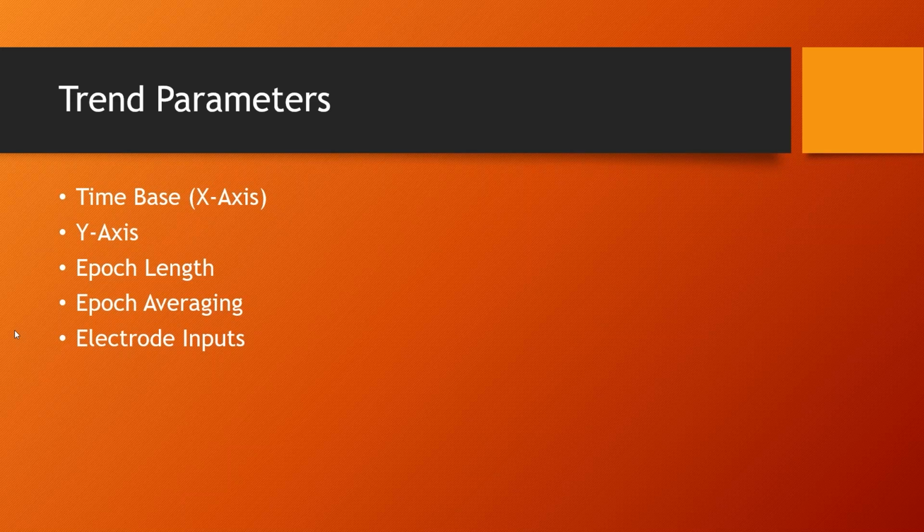All right. So if we look at different trend parameters, I'm just going to identify rather quickly how and why we might want to adjust some of our trend parameters. Most of them have pretty good defaults out of the box, but from time to time we may find that we are dealing with a patient whose abnormalities we want to bring out a little bit better.